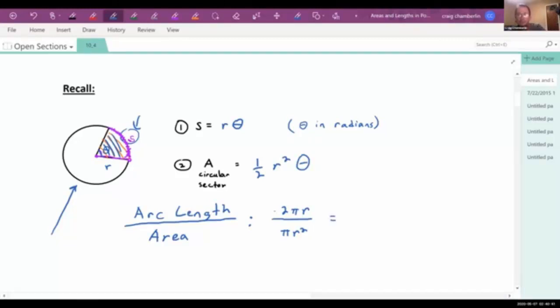So this ratio should equal S to the area of the piece of pie. I'm using very technical math language here if you can't tell.